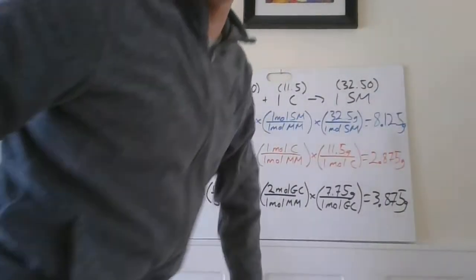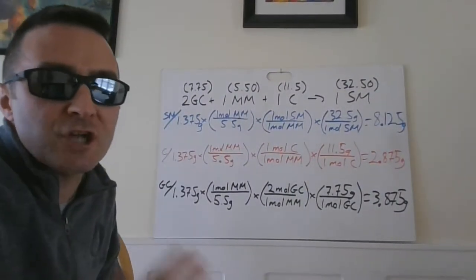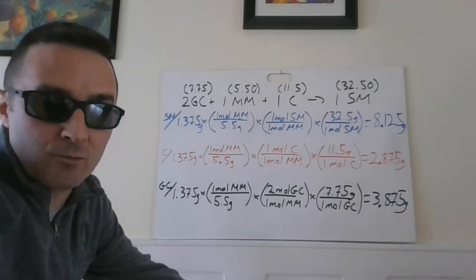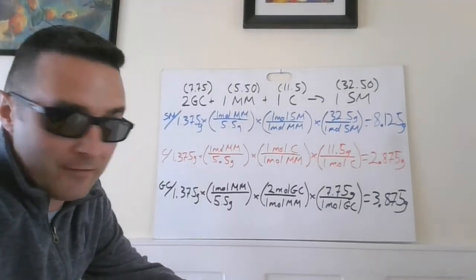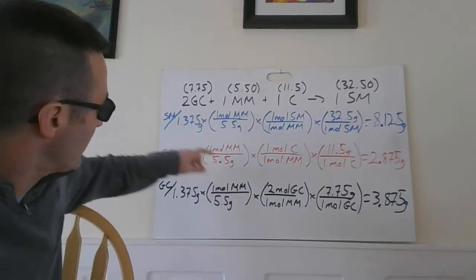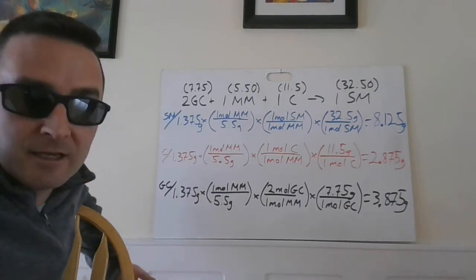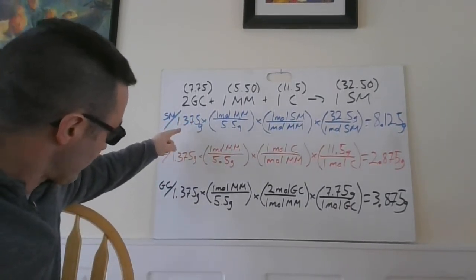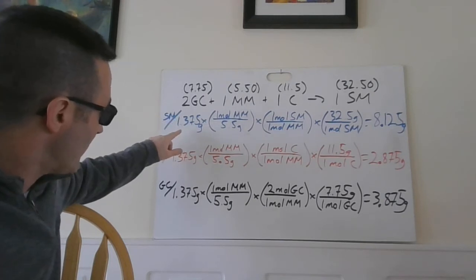Again, it's important to remember it's all the same. It really comes down to how you like to organize and when you like to do your math. So it's the same idea. And you're noting with each one of these that my starting material is the same. I'm starting with my marshmallow.